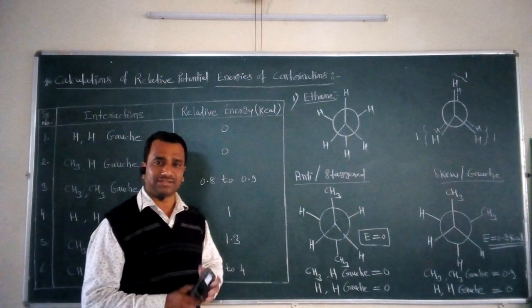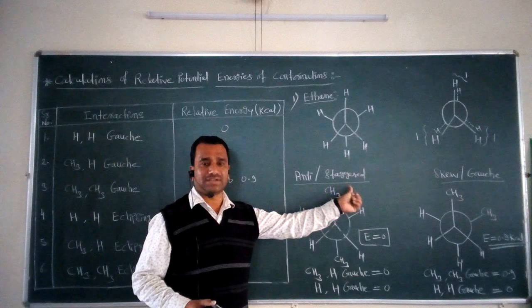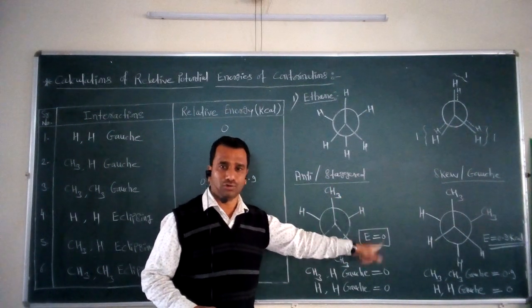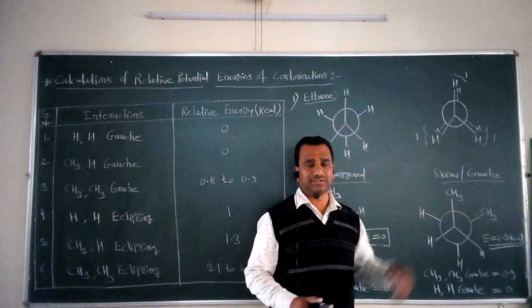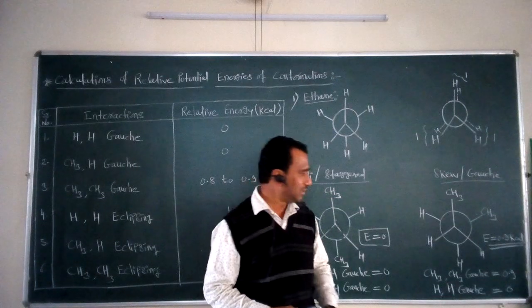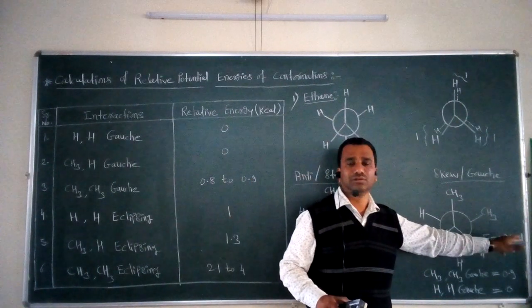So in this way, we can say that the anti or staggered conformation for the N-butane molecule has a total energy equal to 0, while the skew or gauche conformation has a resultant energy equal to 0.9 kilocalorie.